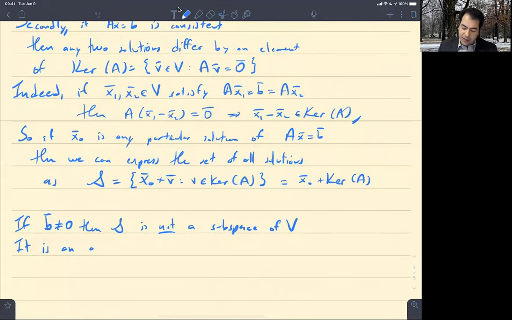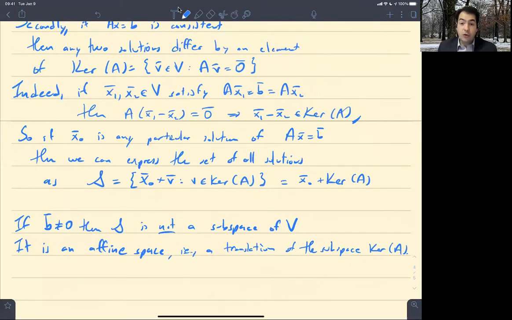It is an affine space, i.e., a translation of a subspace. In fact, of the subspace kernel of A. Right? So you're taking this and you're translating it by a fixed vector, by any particular solution.